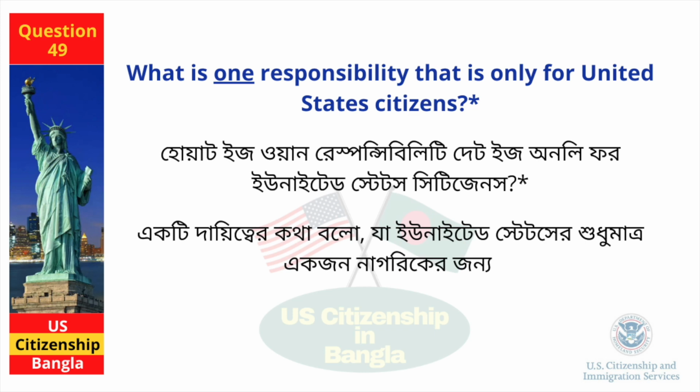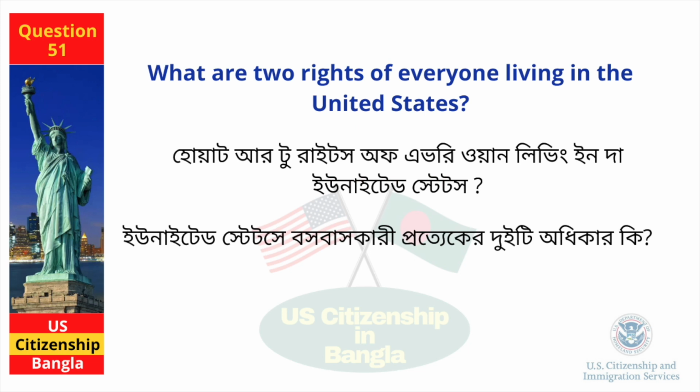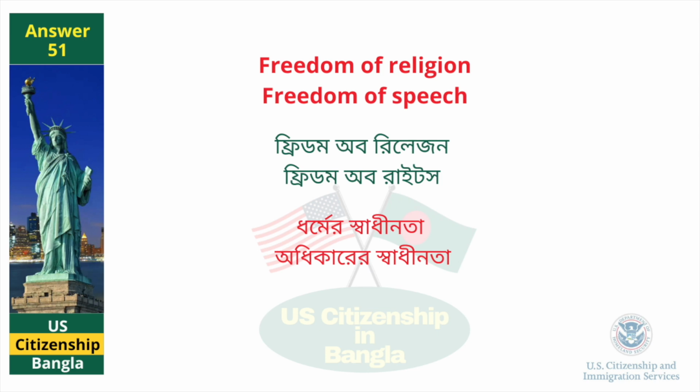What is one responsibility that is only for United States citizens? Serve on a jury. What are two rights of everyone living in the United States? Freedom of religion, freedom of speech.